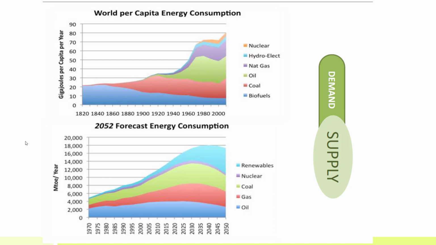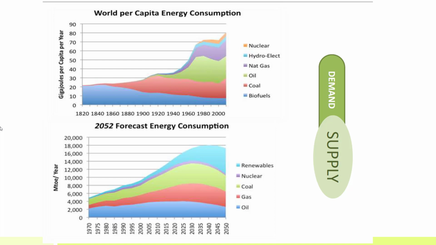One thing to be cautious about here is this is measured data in gigajoules per capita year, and this is a different unit here in MTOE per year. And so it's not clear from this graphic what these different types of units exactly are or how they relate to each other. Again, just looking at relative amounts here was my intended message.